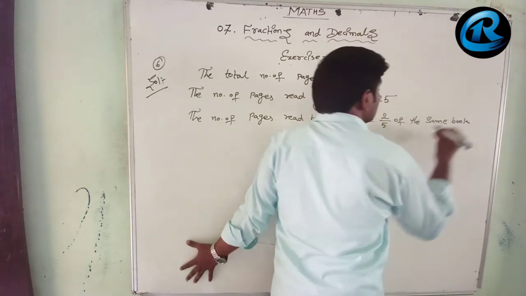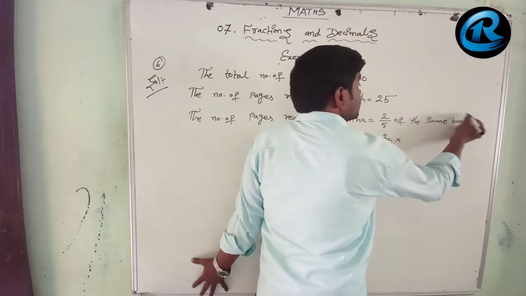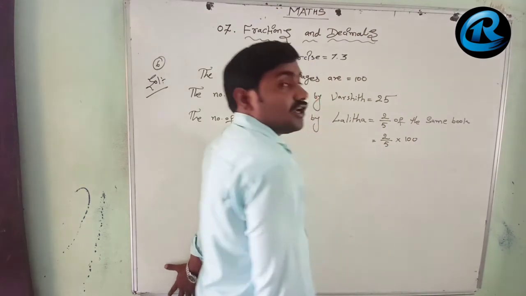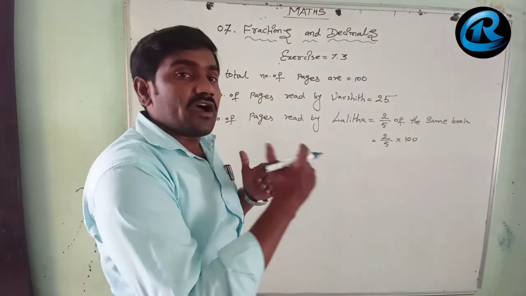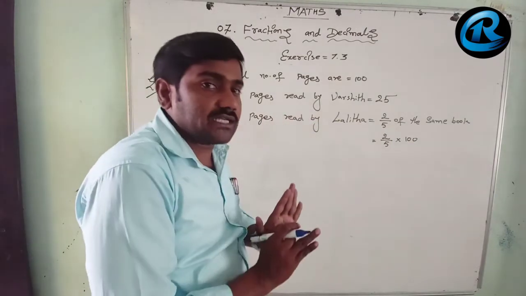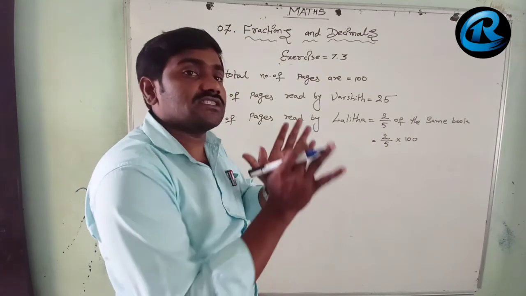Here 2 by 5 of the book having 100 pages. So let us write 100 here. 2 by 5 of 100 pages. అంటే లలిత ఏంది? 2 by 5 of 100 pages. From 100 pages నుంచి 2 by 5th of the part. Fraction లో ఇచ్చాడు ఇక్కడ. 2 by 5th of the part of 100 pages she read.